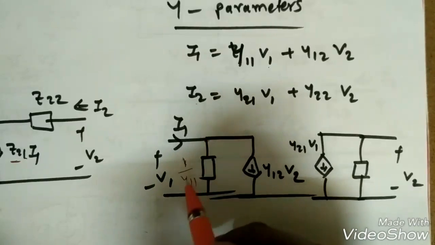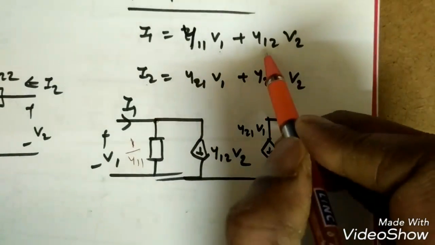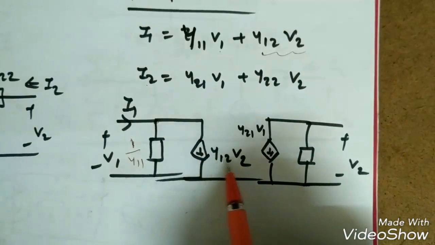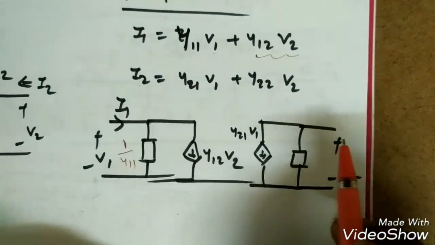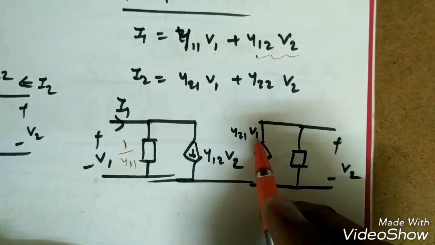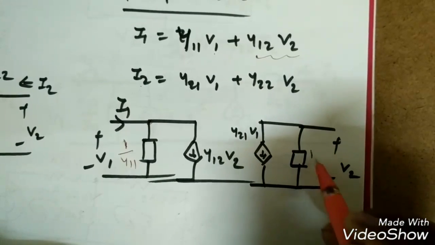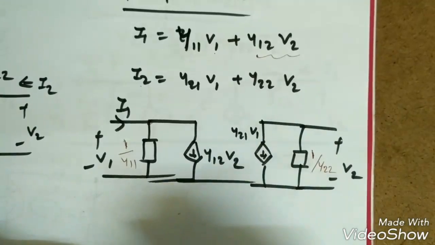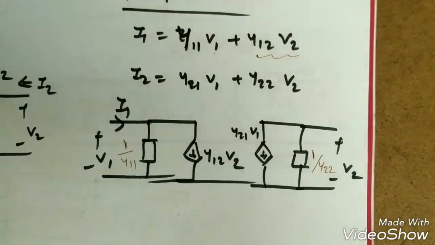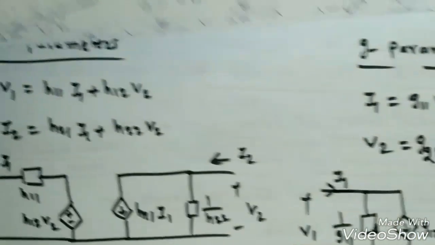Then only V1 by 1 by Y11 means Y11 will come. Now this is again a dependent current source which will depend on the other voltage. Similarly, if I write for I2, it is Y21 V1. So V1 is dependent, so it is the current source. This one is again 1 by Y22, right? So this is the equivalent. Similarly, if I go for the G and H parameters.